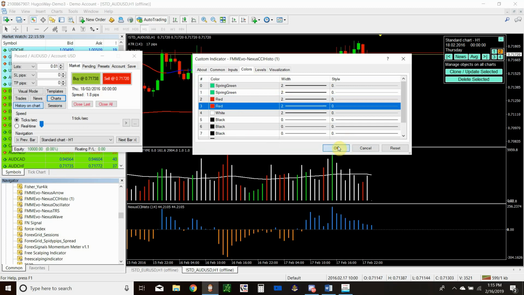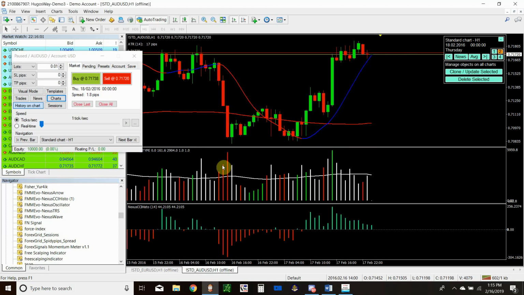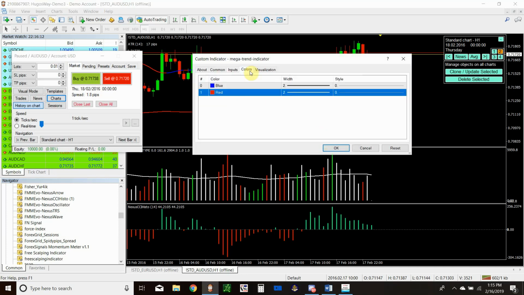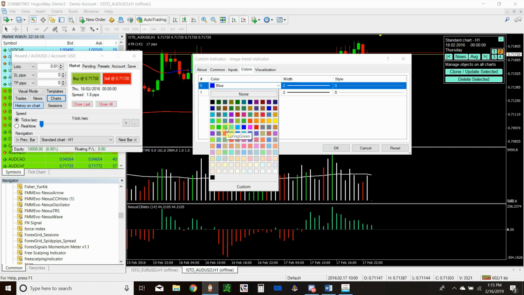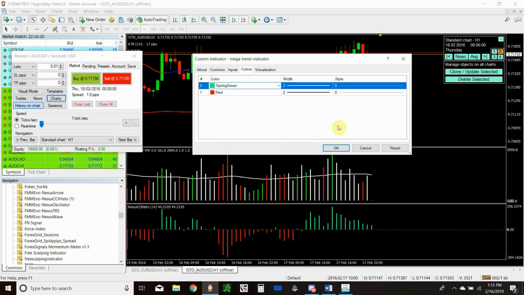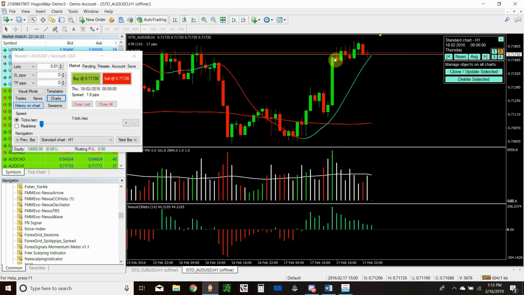Okay, so now they kind of match our volume indicator as well as our candles. Maybe we'll change the whole moving average to be green too, just so that we have confluence in colors. It's a little bit easier that way for me at least, because I can look for all colors to match. You may find it easier another way, but there we go. So we've got green on the uptrend, green for volume, and green for CCI.